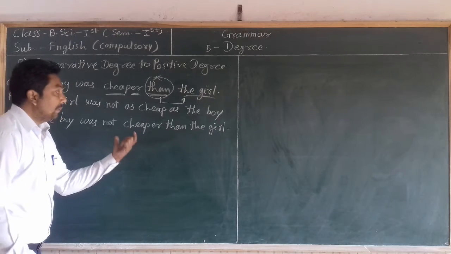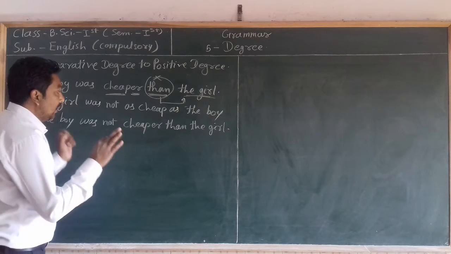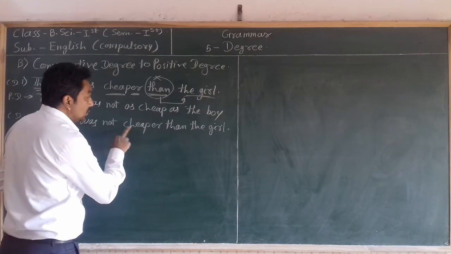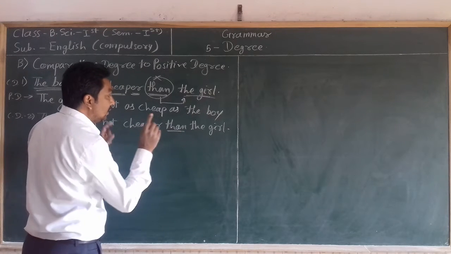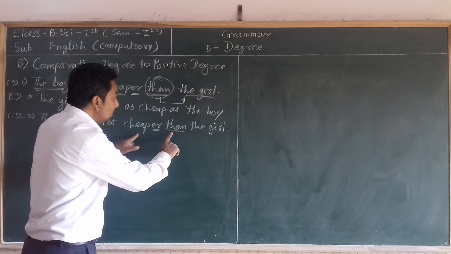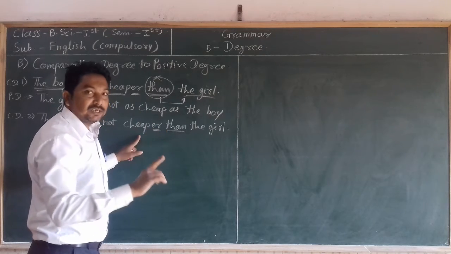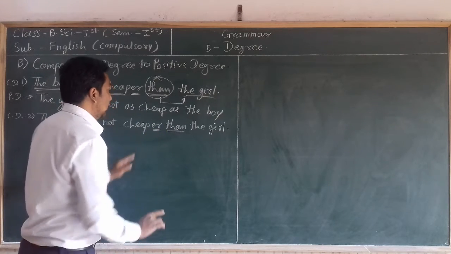So this is the comparative degree sentence. We can identify it by the adjective. There is used suffix er and after that there is given the word than. So if this kind of structure is given in any sentence, that is a comparative degree sentence.